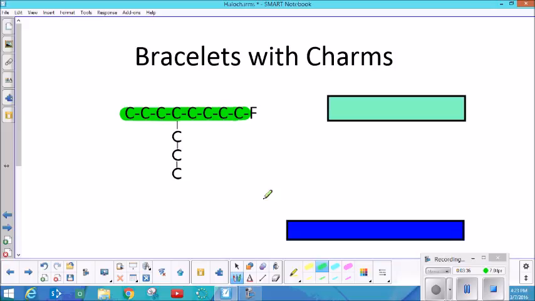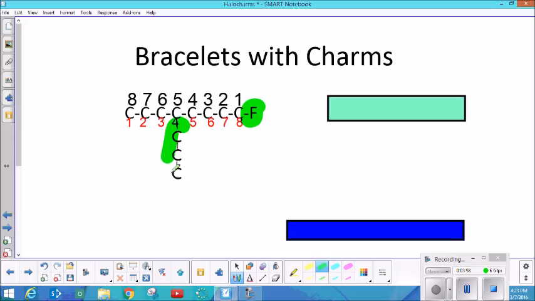Okay, so just to remind you, we will need to count to find out who is carbon number 1. If I look and I count this direction, my stuff hanging off will be hanging off at carbon number 1, and I'll have stuff hanging off at carbon number 5.